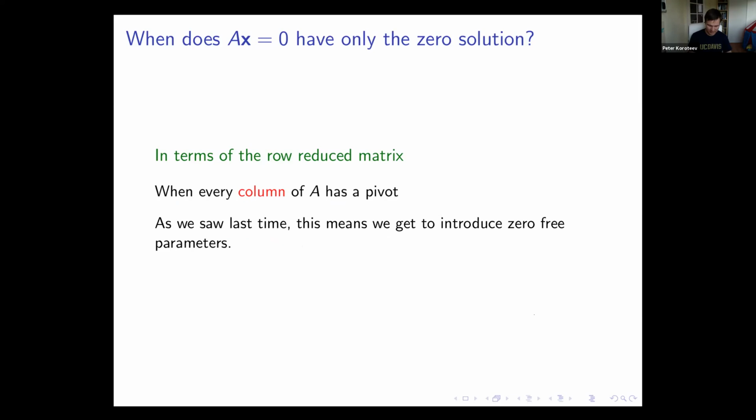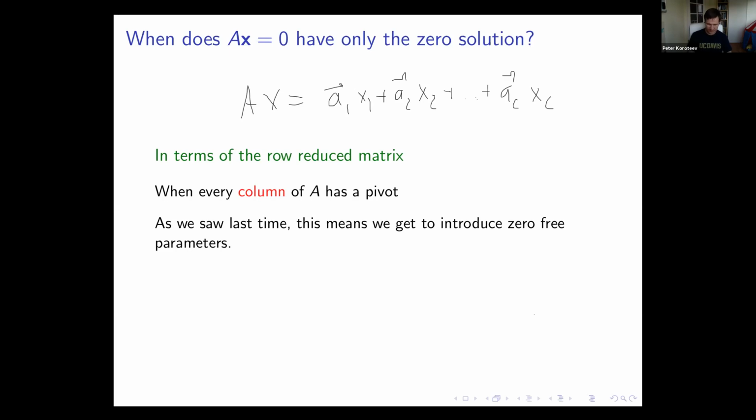If you say that Ax equals 0, you can write it as a1 x1 plus a2 x2 plus and so on plus ac times xc.